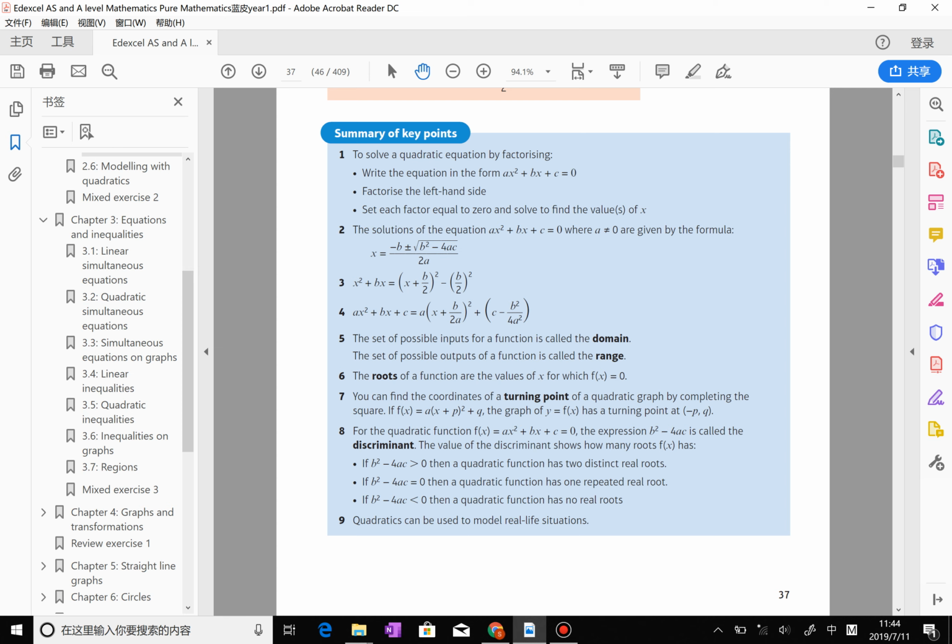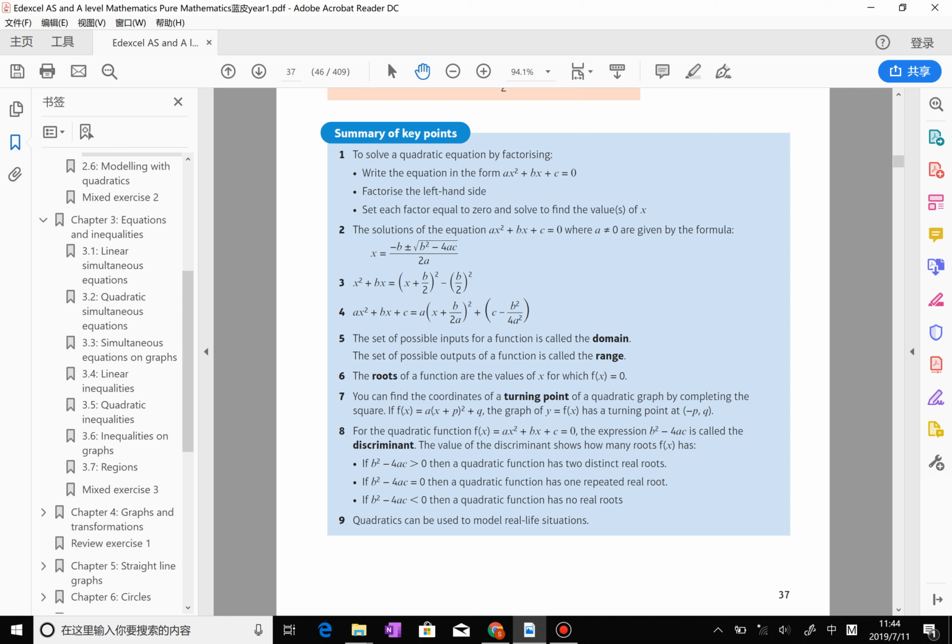For the seventh, what is a turning point? A turning point is the maximum value or minimum value. If you complete the square, the turning point coordinate is just negative p and q. For the eighth point, b squared minus 4ac is called the discriminant. When the discriminant is greater than 0, the quadratic function has 2 distinct real roots.